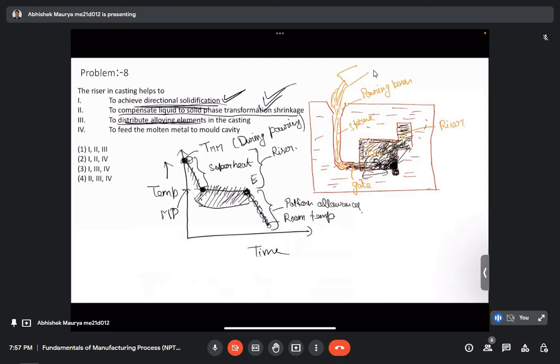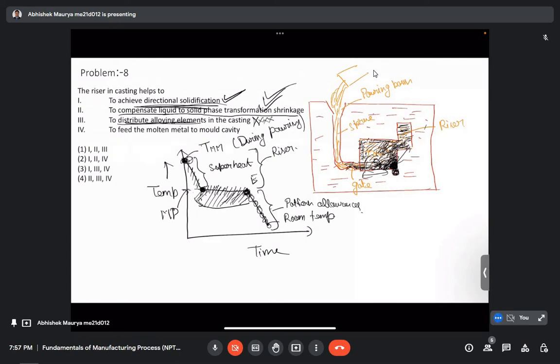Whatever elements are present inside the molten metal in the riser will go throughout the cavity wherever the shrinkage happens. But the riser cannot control that this element should go there and that element should go to another place. That's why the third option is wrong.